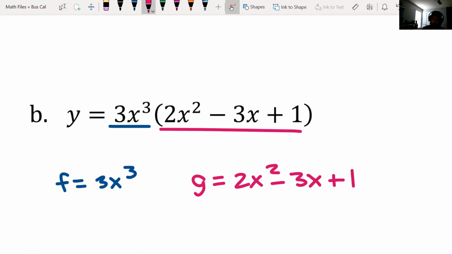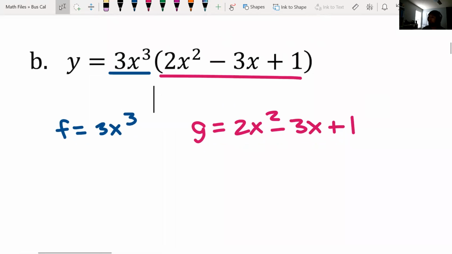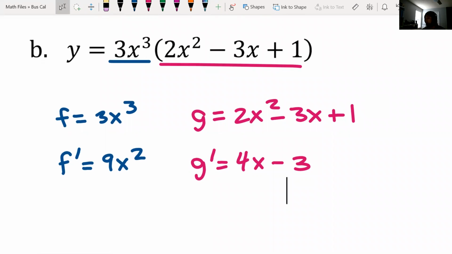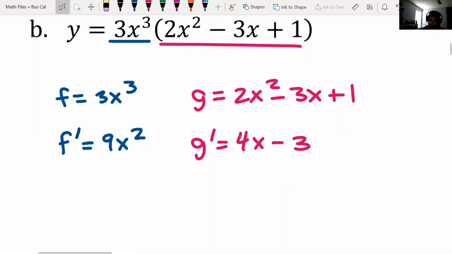Now, again, take the derivative of f, take the derivative of g. And then g prime is 4x minus 3. And once again, once you take the derivative, just follow the formula for the product rule.